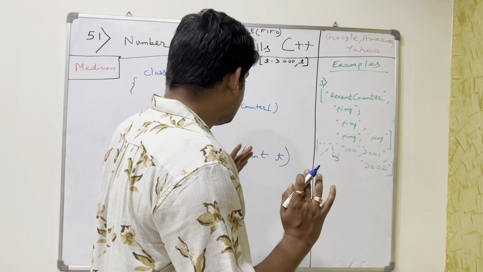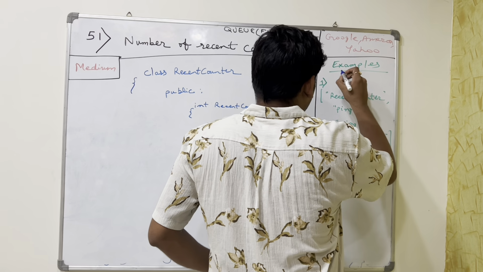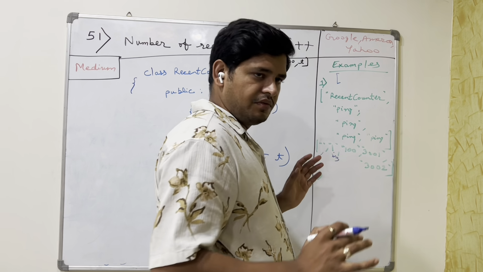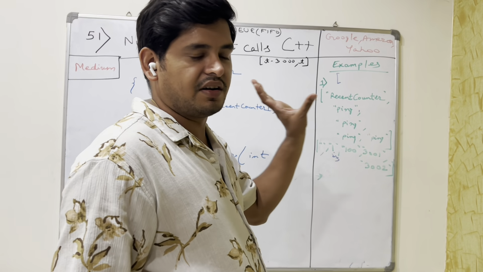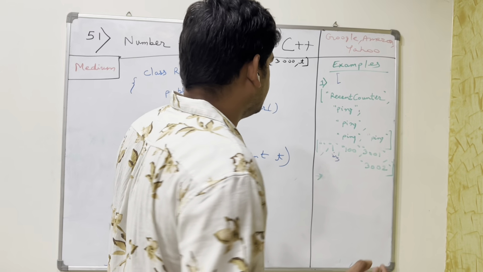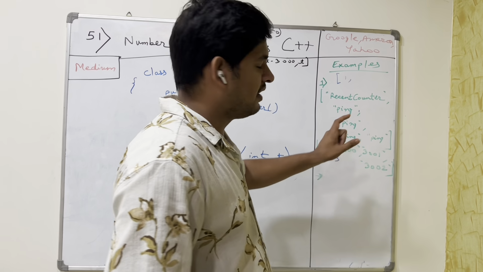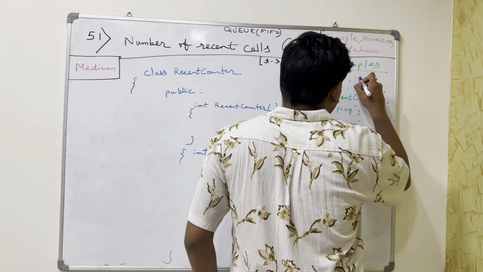So you need to understand that if this is a recent counter list, this structure in recent counter may be anything, array, list, anything. So the first call goes to the recent counter with the ping function in 1 millisecond. The next call goes in 100 millisecond.